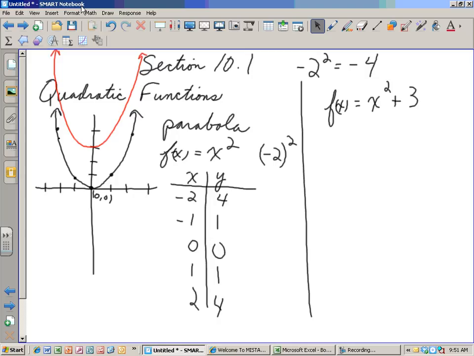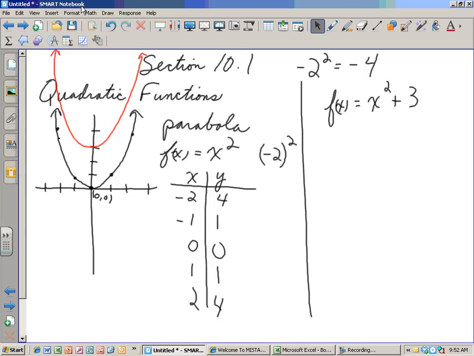Some calculators say X,VAR, meaning x variable, but on these calculators you'll have that button that says X,T,theta,n. Then we want to square that, so you can use your caret key up to the 2, or you can hit your x squared button, which is in the first column.